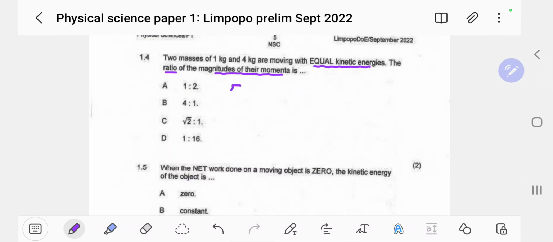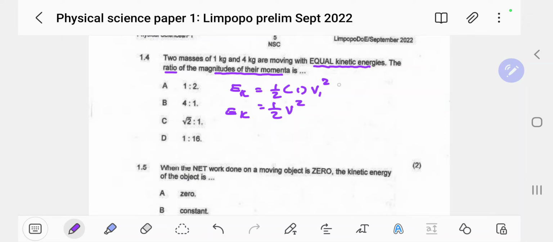But what do we know? We know that if we say the kinetic energy is EK, it is going to be equal to half, and then of course for that 1 kg mass it is going to be 1 multiplied by V1 squared, because that is for the 1 kg. So this basically gives us half V1 squared, giving us our EK.